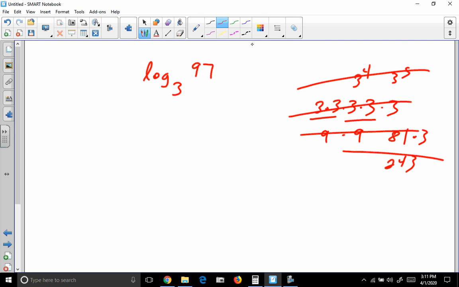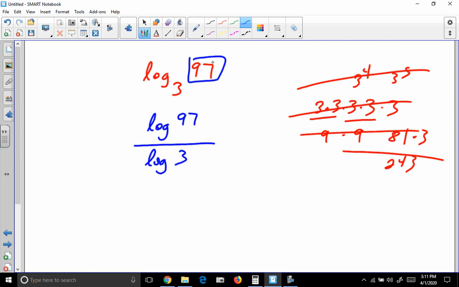So that's where we have to use our calculator and our change of base formula. That's where we do log of this number divided by log of our old base.